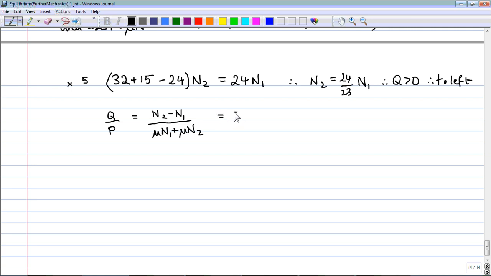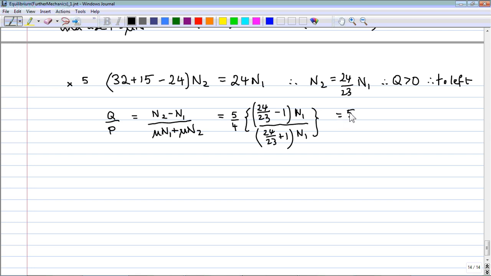Well, mu is 4/5, so that gives me 5 over 4, taking out the factor mu. N2 minus N1 would be 24 over 23 N1 minus 1 N1, and in the bottom I'm going to get N1 plus N2, which is 24 over 23 plus 1 times N1.